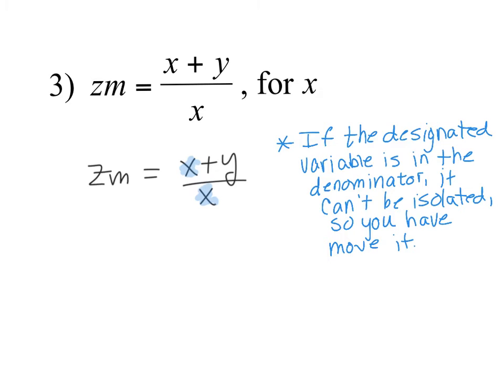So this is my question to you that I want you to put either in the chat or on your whiteboard. Right now, you are just taking a good, educated guess. So I've got to get that variable out of the denominator. I'm going to use an inverse operation. What could I possibly do in order to get that x out of the denominator? And you're just taking a guess.